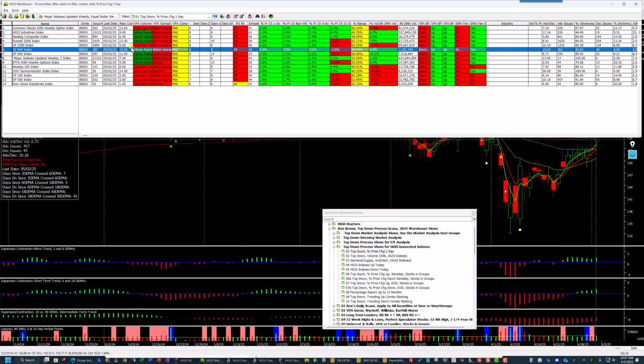And then we can also see the stocks that have been either positive or negative longer, to get a feel for what's leading the markets either up or down.